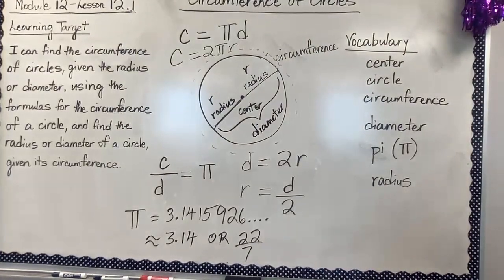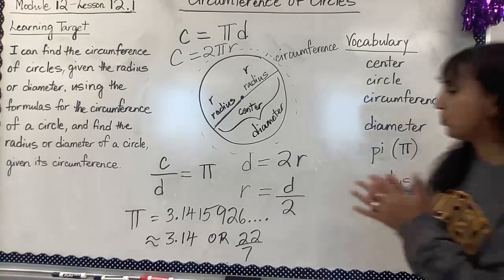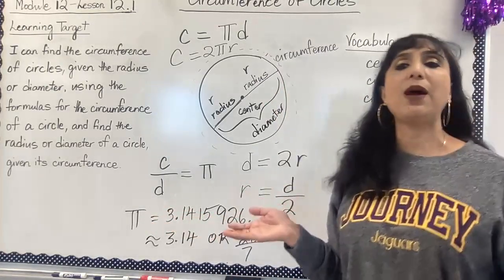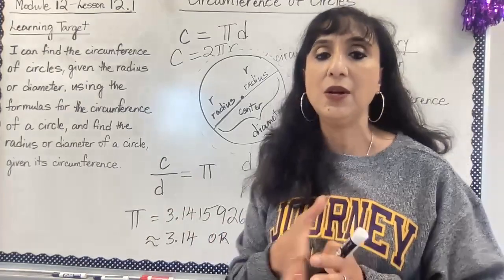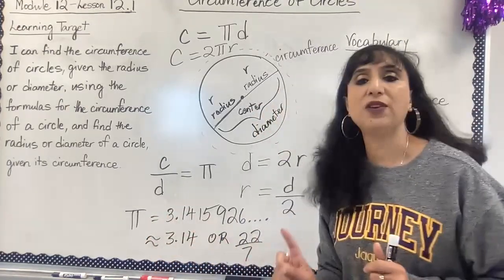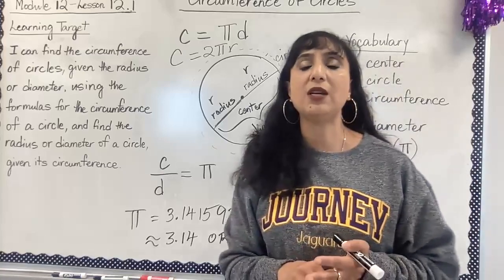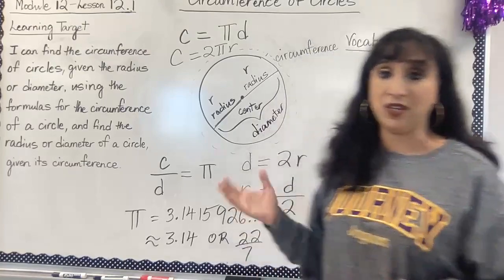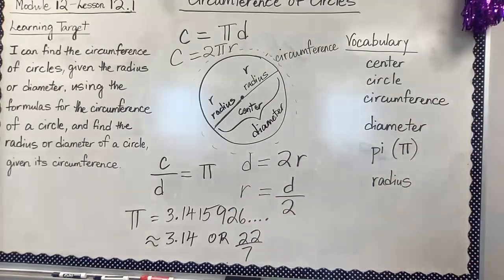Now, when you use 3.14 or 22 over 7 to find the circumference of a circle, will it be the exact circumference or an approximation? As we know that the actual value of pi is endless, that is why we are using an approximate value of 3.14. Because we are using an approximation, my answer also will be an approximation.